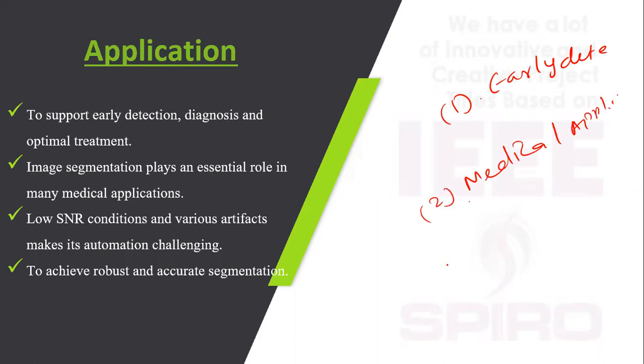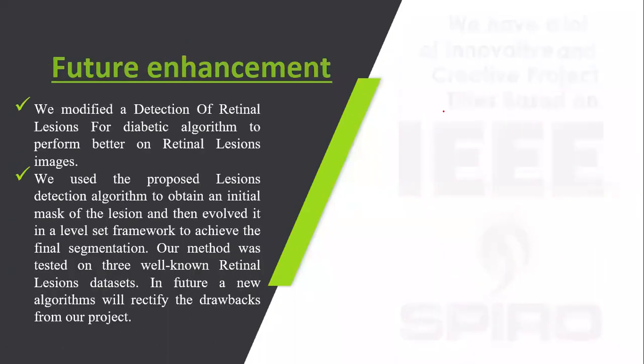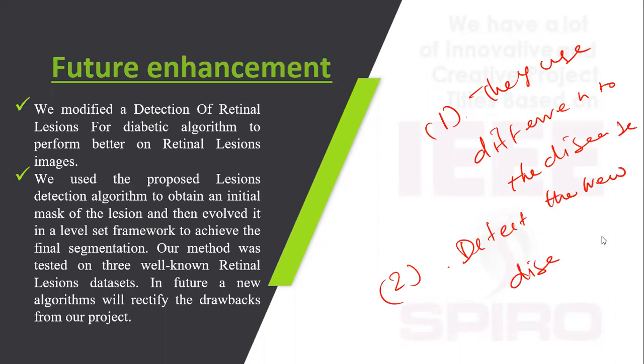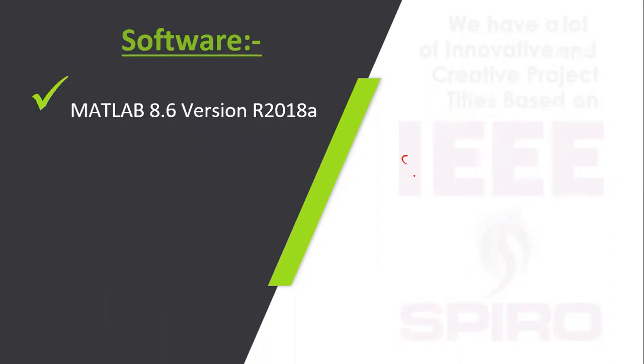Next, to achieve accurate segmentation, in future they will use different layers to detect the disease and also detect new diseases. Finally, we used the 2018 MATLAB version to detect the disease.